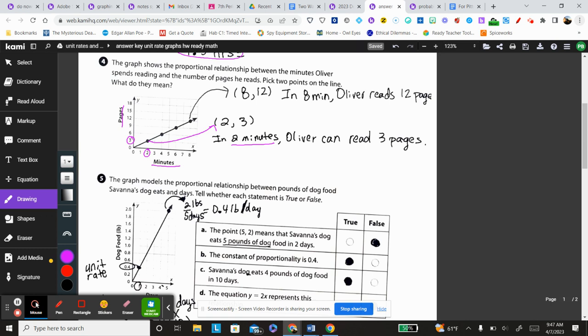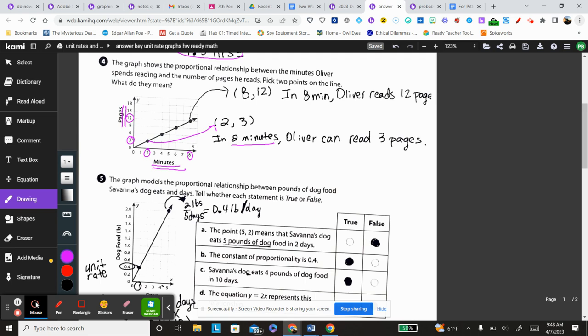That's all that means. Then I picked this point where 8 was the number of minutes, and 8 went to 12. 12 again is the number of pages. So in 8 minutes, he can read 12 pages.